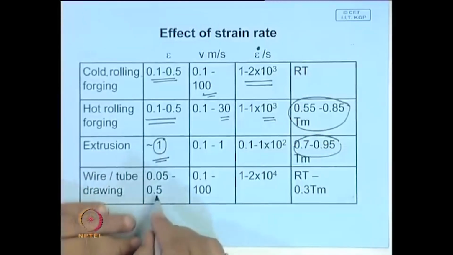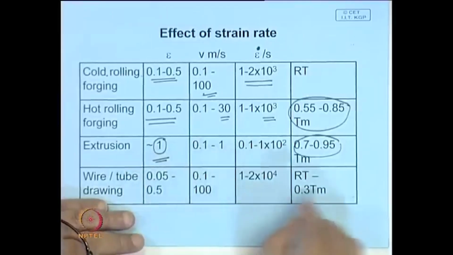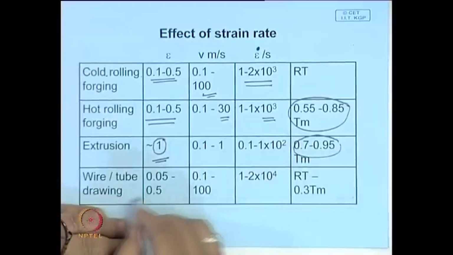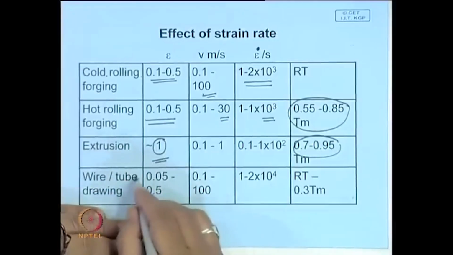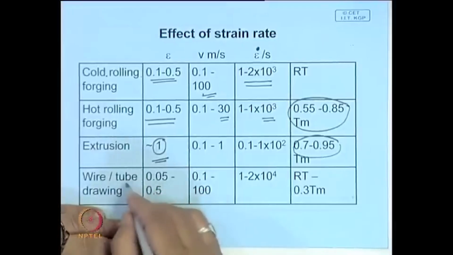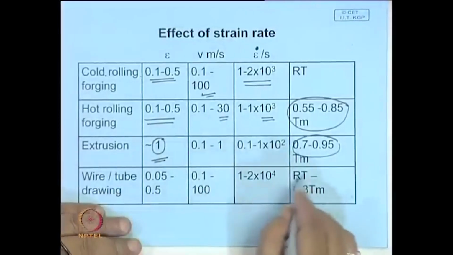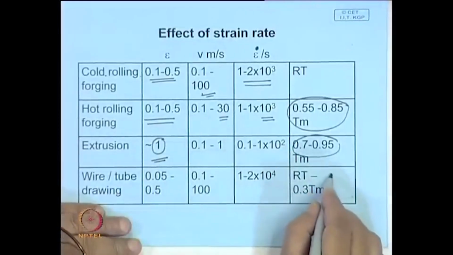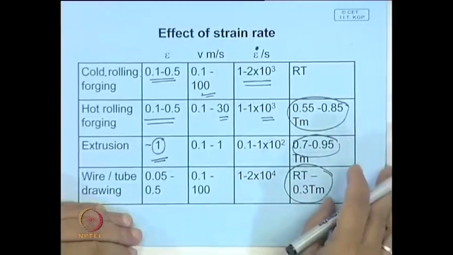Now, wire and tube drawing, this is a cold working process. Usually wires or tubes are drawn, tube can be drawn at a high temperature also, but wire drawing is usually a cold drawing process. It is usually done at this temperature range.